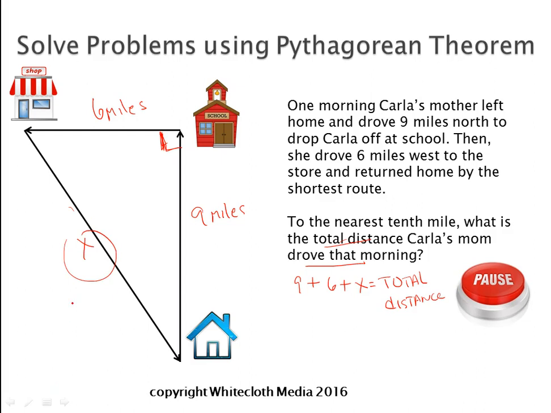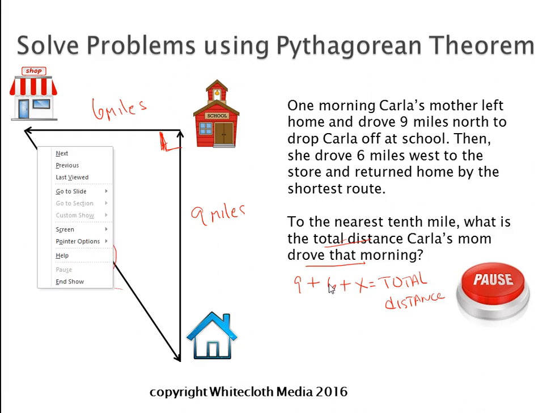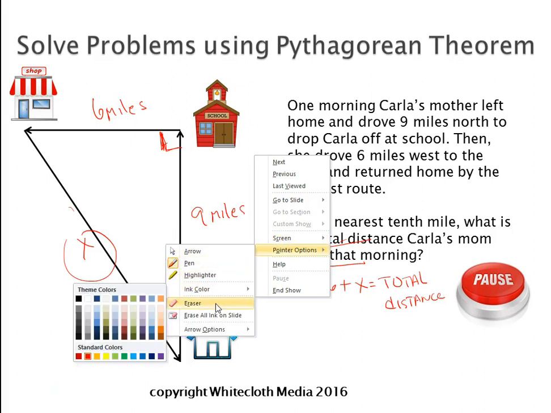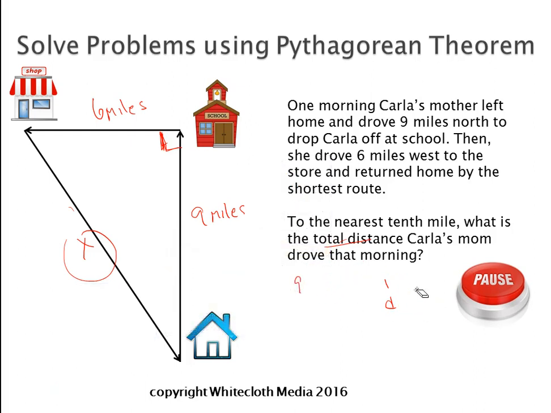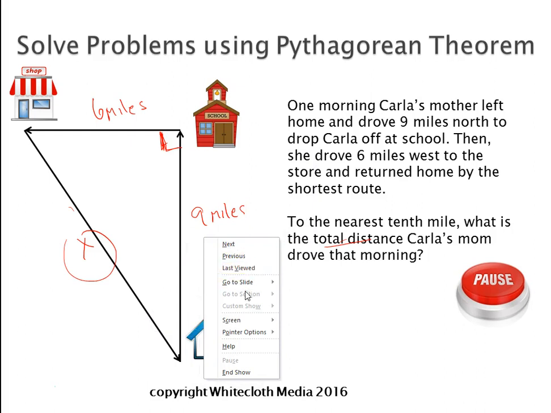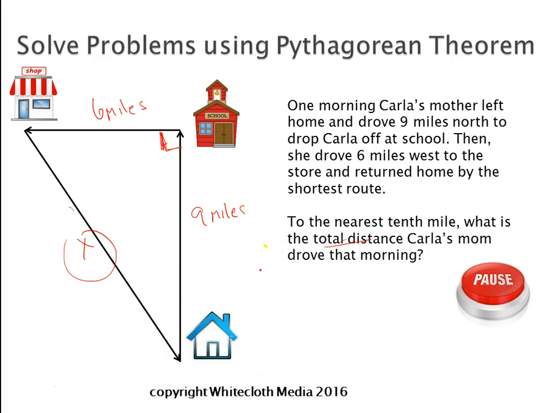Okay? So let me make a little room here to do some work. You can keep it somewhere on your paper, but I have to erase it to have a little work area. All right, so a squared plus b squared equals c squared. I'm trying to find c. So I got 9 squared plus 6 squared, and we'll call it x since we started off calling it x.